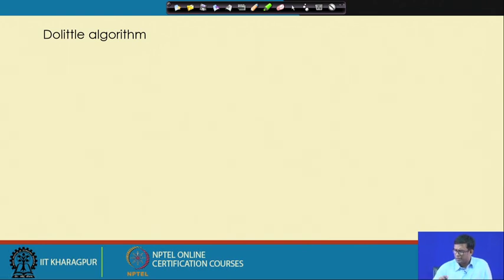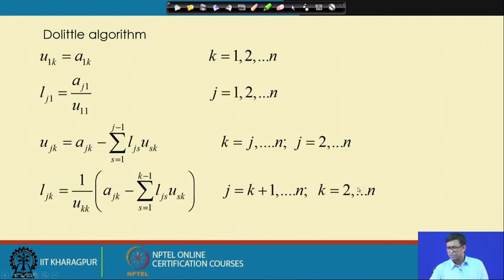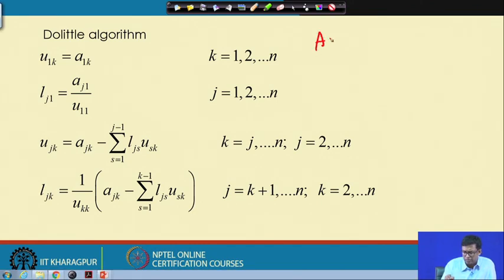this algorithm starts from assuming that for an A matrix, and all these are for A matrices which are full rank matrices where LU decomposition exists, it starts by assuming that A matrix has an LU decomposition. It assumes there exist U and L matrices.